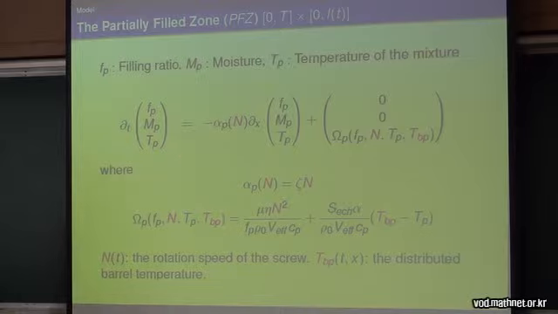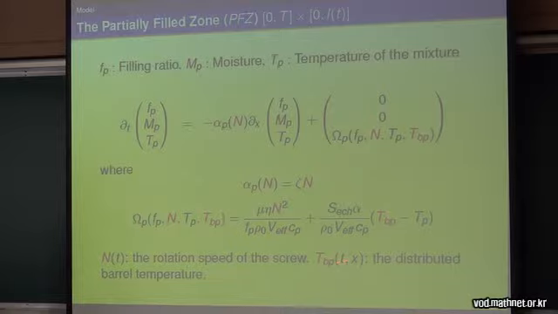So we will have a system here which is composed of two terms. One is due to the rotation of the screw inside of the tube. Another one is heat transfer from the boundary, from the heating system, as I said.